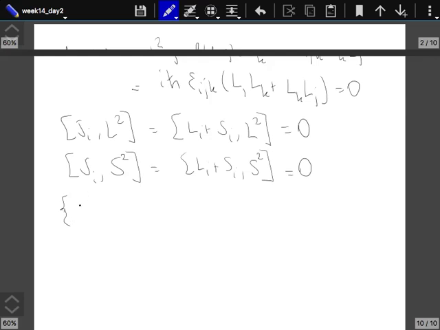In general, we know that we can diagonalize J squared and Jz together. But these commutation relations also tell me that both Jz and J squared commute with L squared and S squared. And we cannot really add any more operator into this set and have all the operators commuting with each other. This is a maximal set of commuting operators.